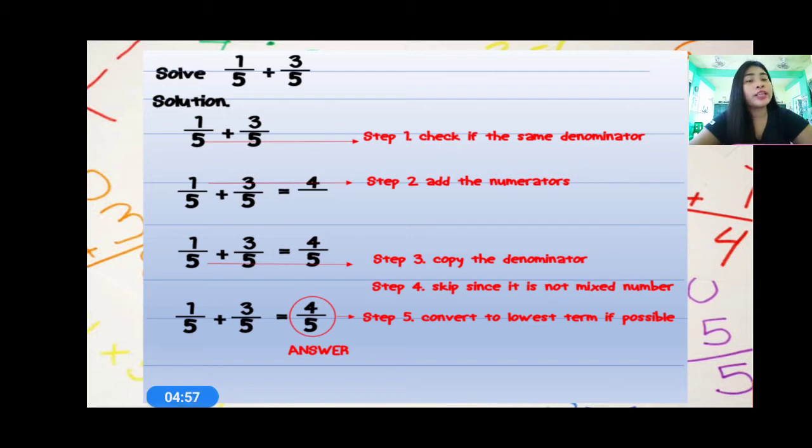And then, the next step is to copy the denominator. What's the denominator? 5. So the answer is 4/5. Convert it to lowest term if possible. Can you convert 4/5 to lowest term? It's already in lowest term. You don't have to. Do you understand me?